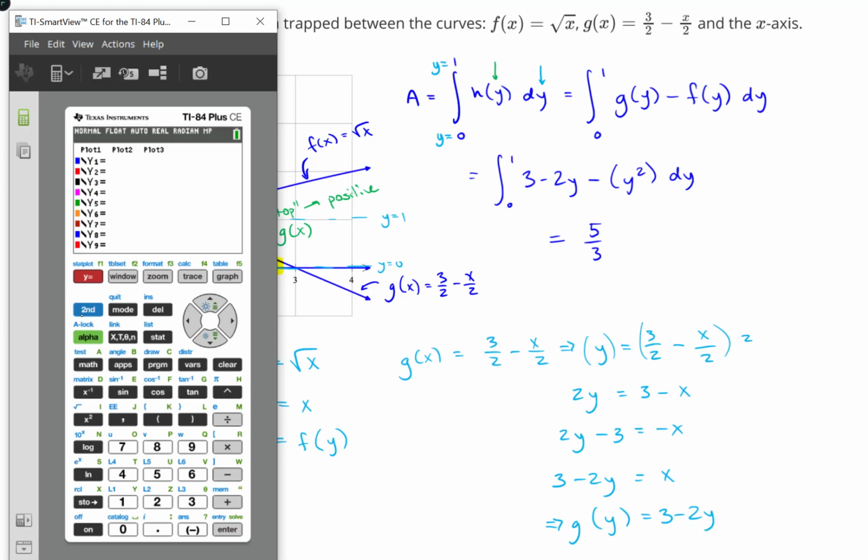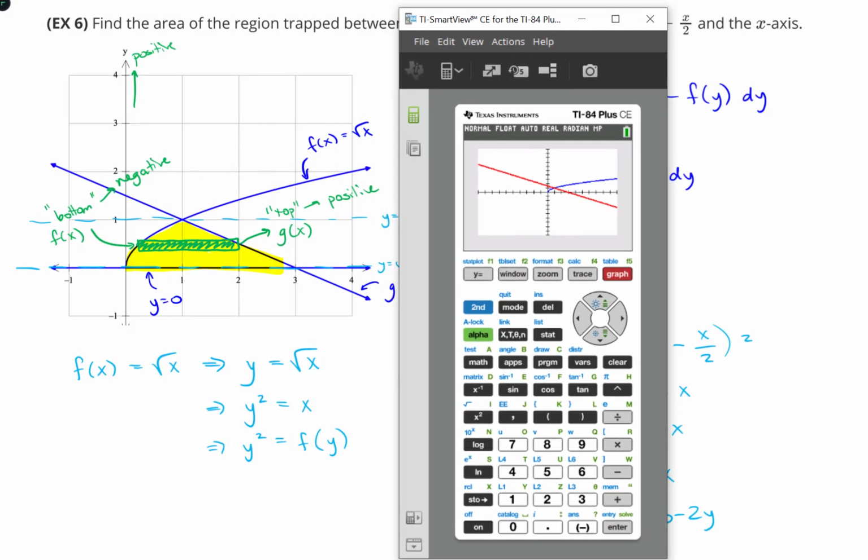So if I didn't have the picture to start with, I could get a fairly decent picture just using the calculator as such. And so you get the same region as here, and of course I could have used y=0 in there as well. Now the question is, had they given the functions in terms of y?